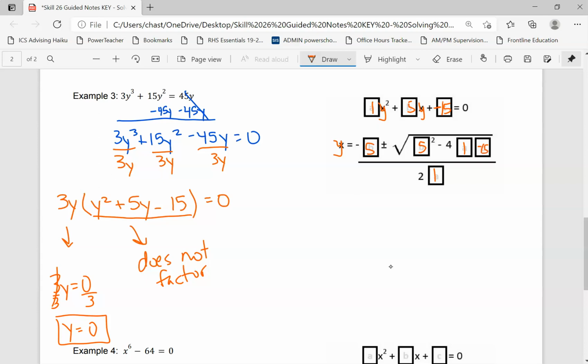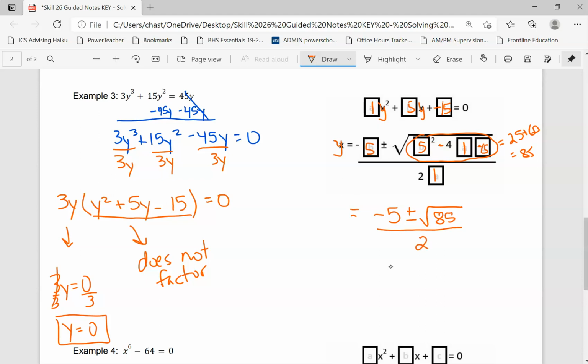So I plug those in. I'm going to work out this part right here. That's going to give me 25 plus, because I have two negatives here, 60, which makes 85. So when I solve this out, I have negative 5 plus or minus square root of 85 all over 2 times 1, which is 2.